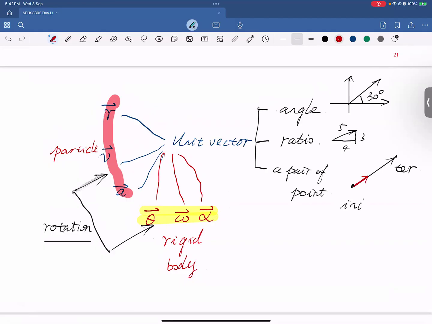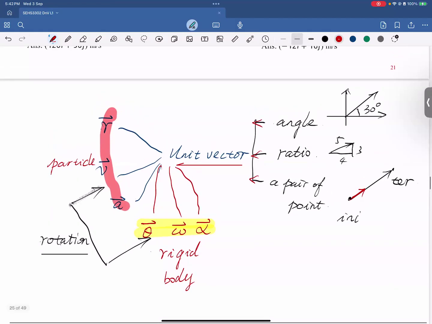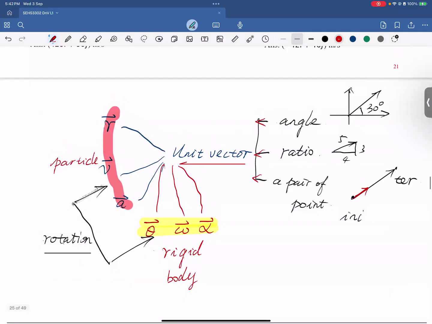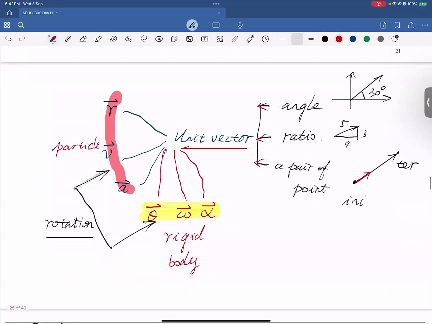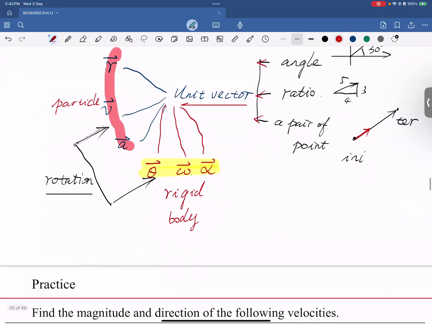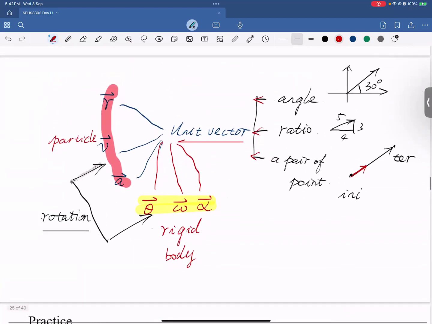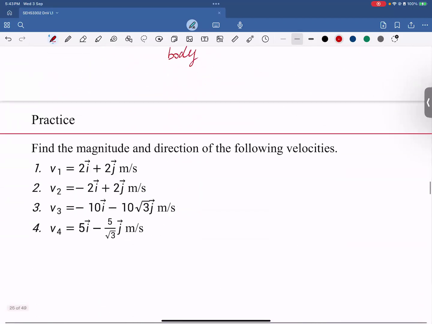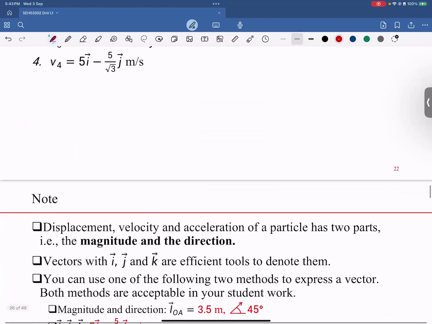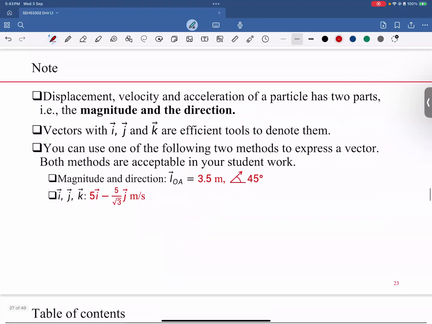So based on those, you can find a unit vector and use this unit vector to describe the dynamic variables. So we should be familiar with this way to describe a dynamic variable. And I give you a lot of practice for this.